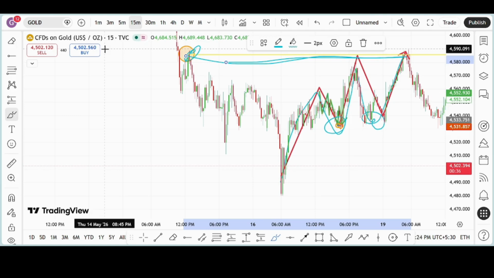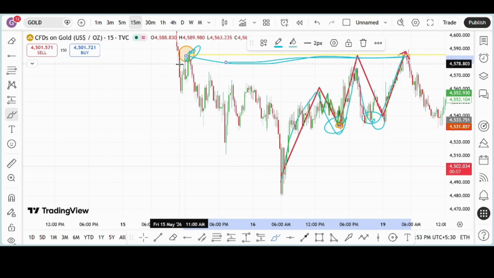Now another important thing is that internal liquidity is usually weaker and external liquidity is usually stronger. Why? Because more stop losses exist in external liquidity, and also more breakout traders enter in external liquidity zones only. And also bigger liquidity pools are available there. Volume is high at higher time frame swing highs.